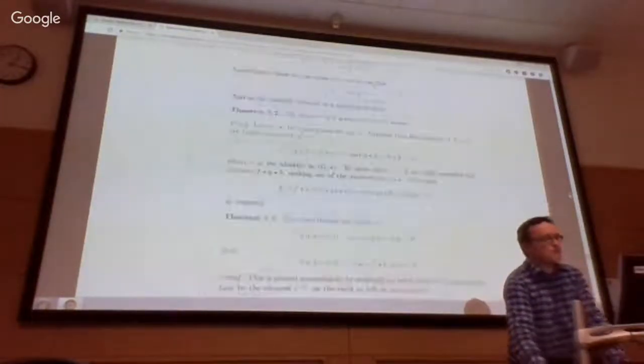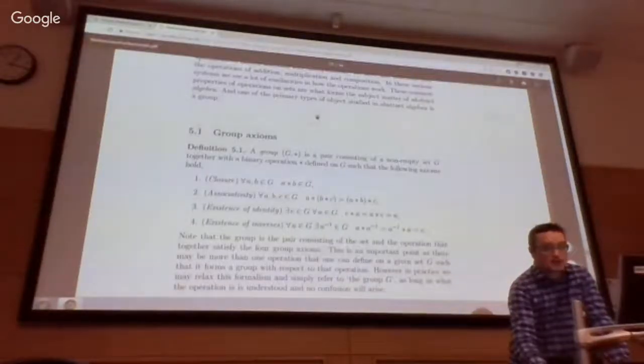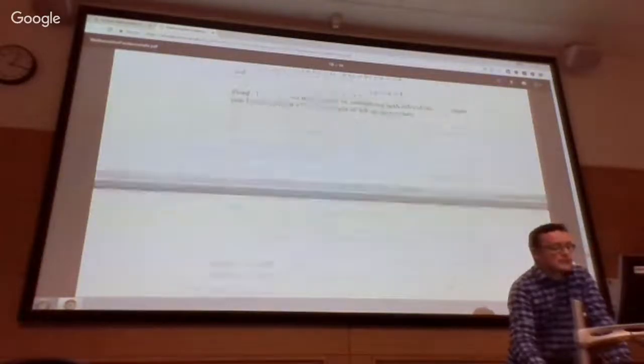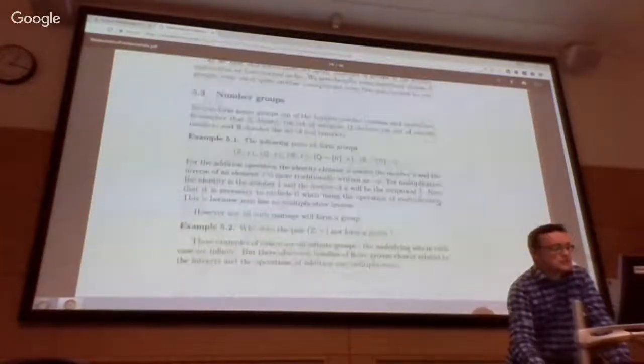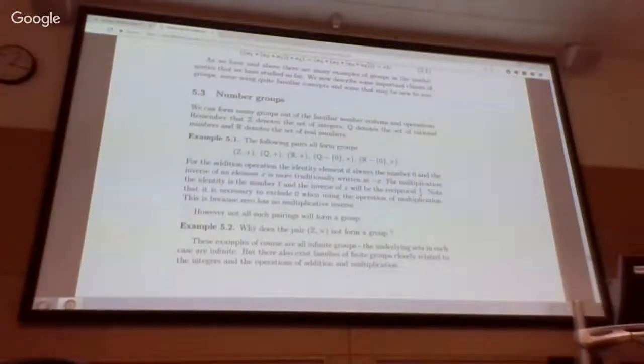So that's the four group axioms, some initial consequences of them. But I guess what we need to do to make this a bit more real is to start looking at some examples. So I'm going to switch to the visualizer now just to discuss some examples. Examples of groups.